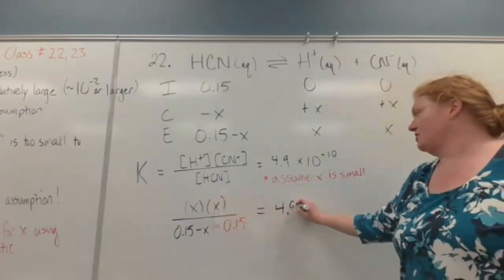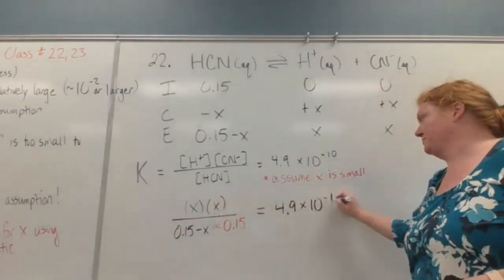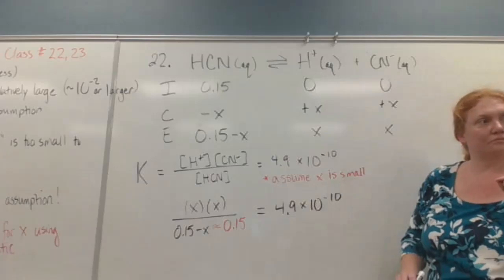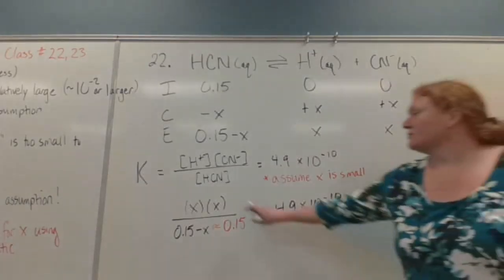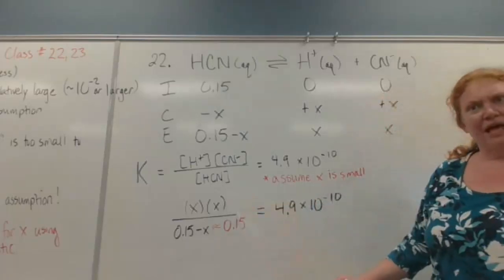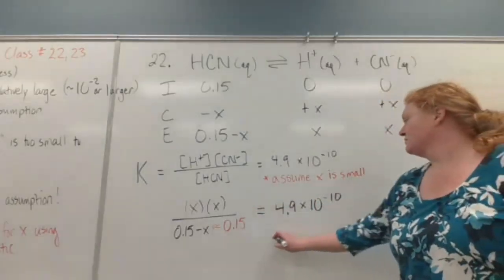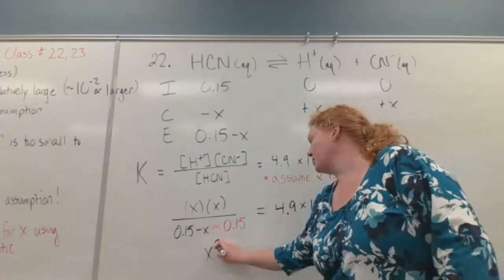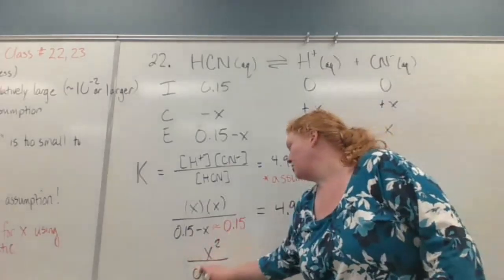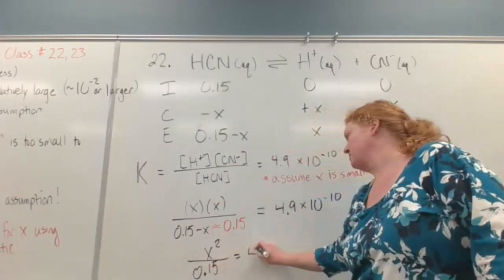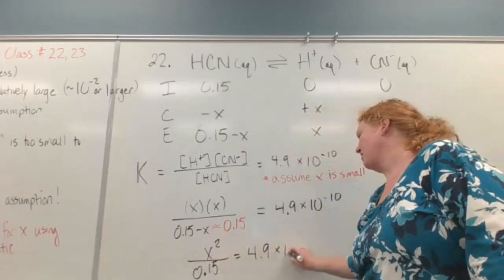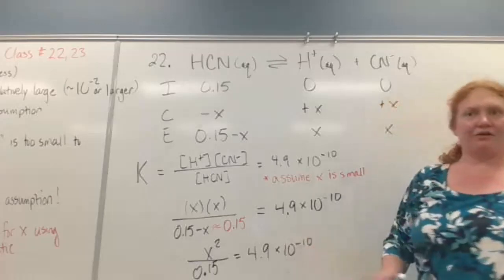And this divided by this is going to equal my K value. So essentially, what is the math that I'm doing? X squared divided by 0.15 equals this. Y'all can solve for x now without using a quadratic, right?